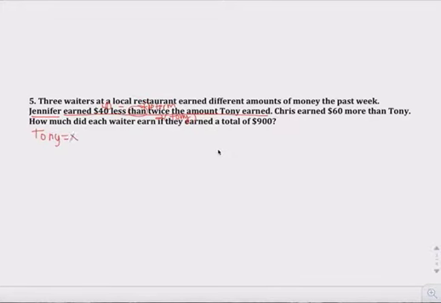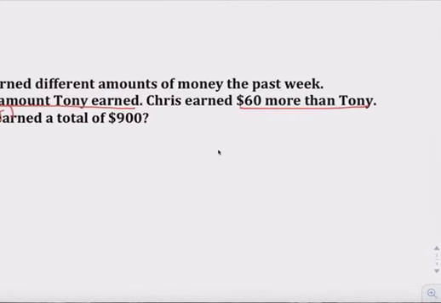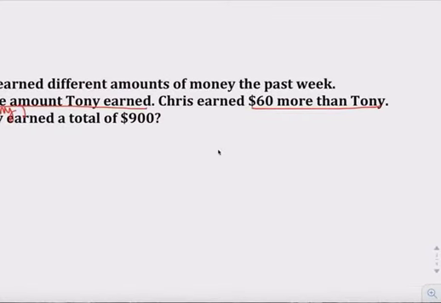is X. Chris earned $60 more than Tony. Okay, Chris earned 60 more than Tony. So 60 plus, remember then to flip the terms, Tony goes in front and 60 goes in back.